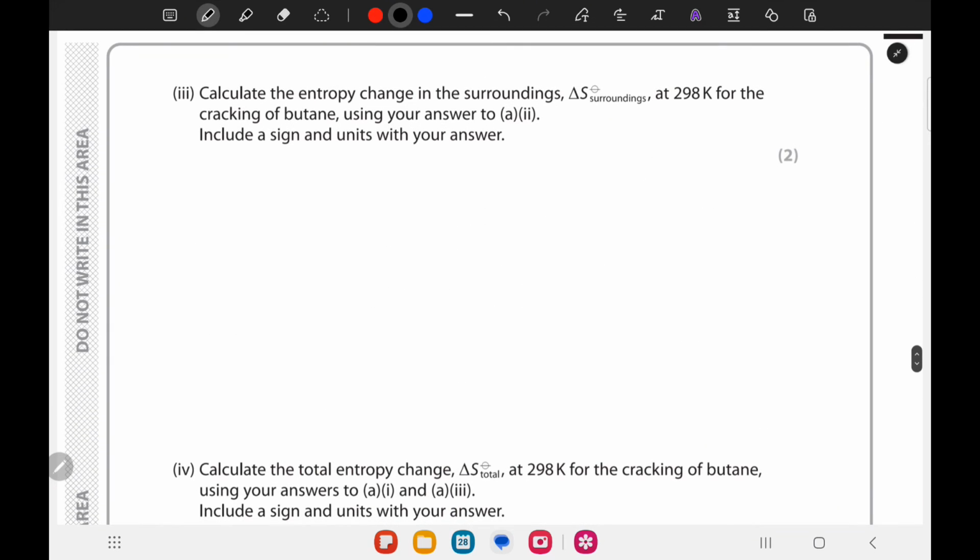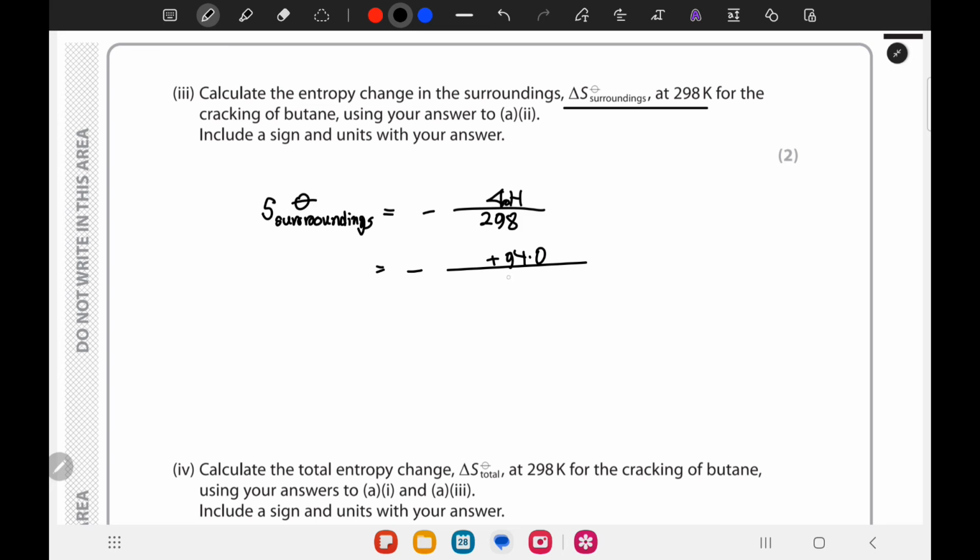Now for part 3, we have to calculate the entropy change at 298 Kelvin. The del S surroundings is equal to minus del H, the enthalpy change of reaction, divided by the temperature, which is 298. So this is minus plus 94.0 divided by 298. We'll also give this value to 1 decimal place.